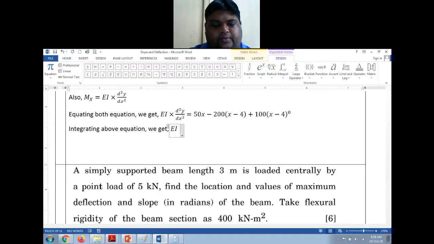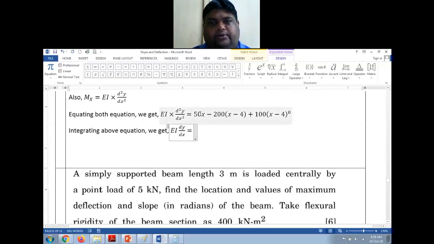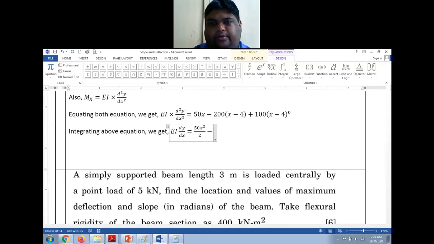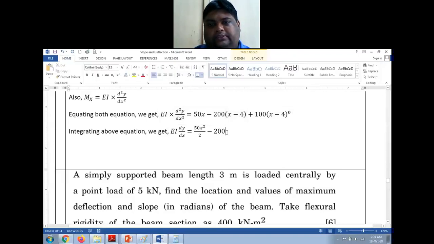EI dy by dx is equal to 50x, right? So it will become 50x square by 2 minus 200, x minus 4 is there. So I have to consider this as whole. So it will become x minus 4 whole square by 2, right?